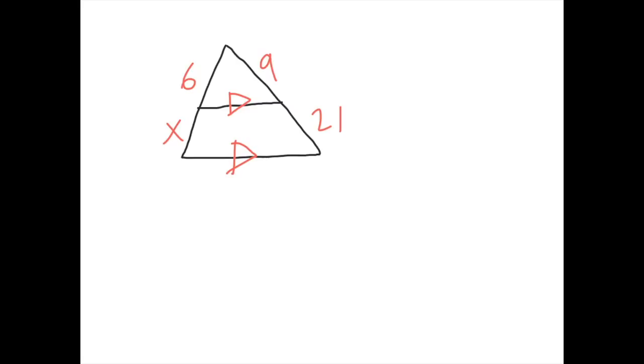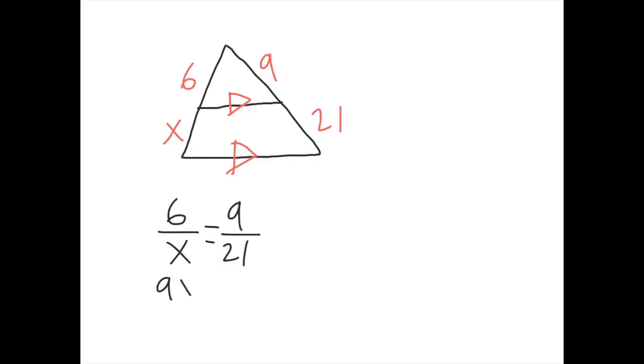So, if we want to solve for x, we have to set this up as a proportion. So we have 6 to x and 9 to 21. And then we cross multiply to solve the proportion.